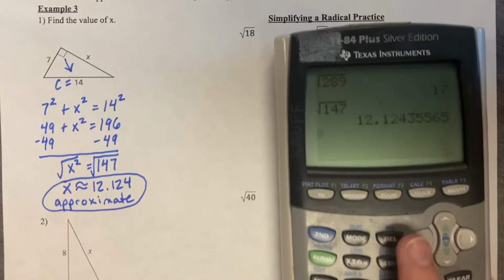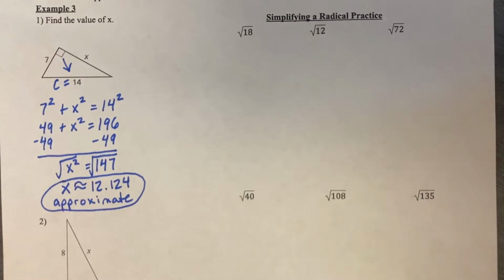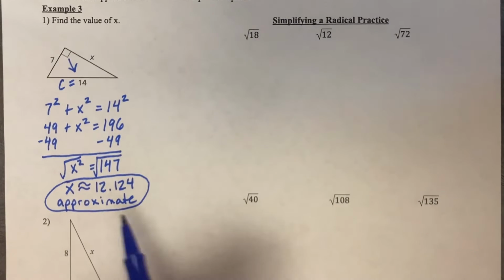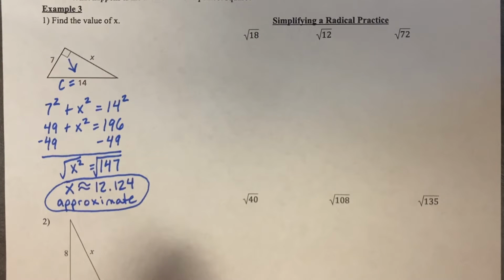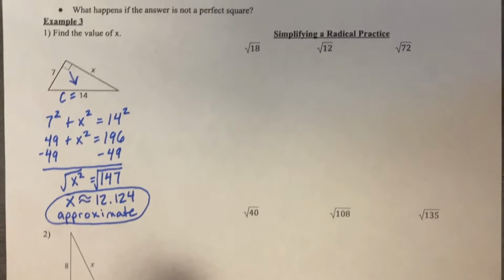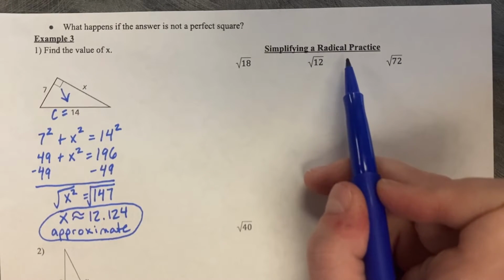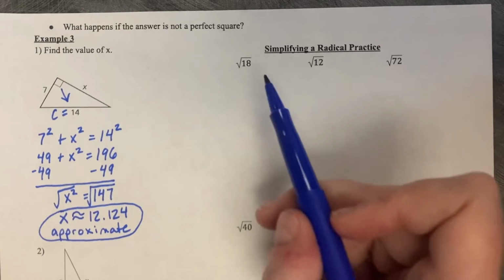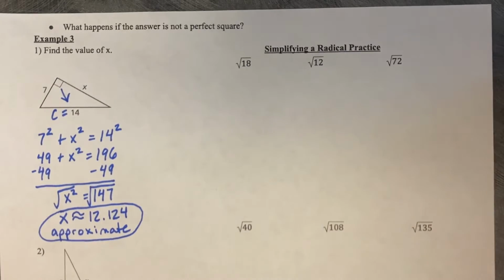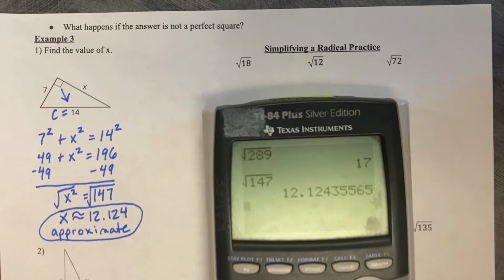12.124. So I want to talk about how you politely write answers instead of needing to use a calculator. Or what happens if you don't have a calculator to take the square root of 147? This process is what's called simplifying a radical, and we are going to practice simplifying radicals. It takes an answer like the square root of 18, which is also not a nice number.